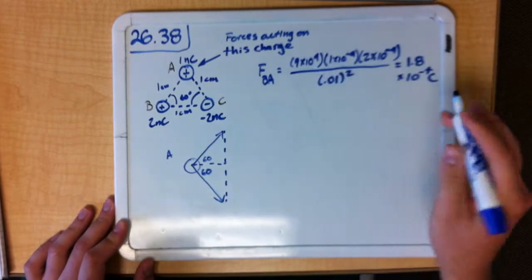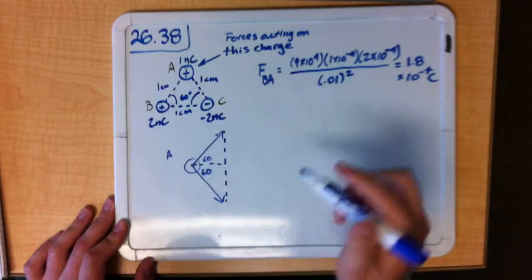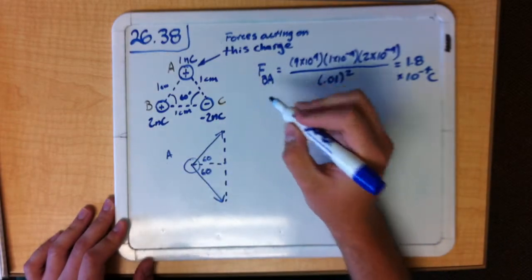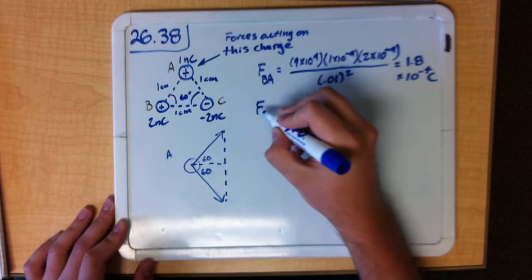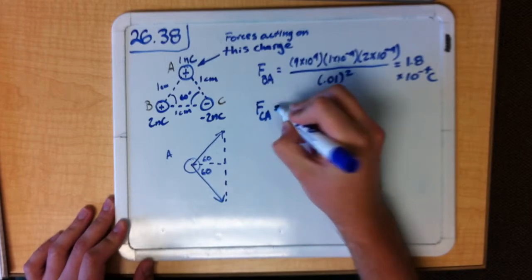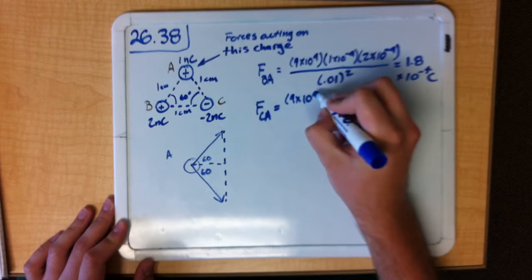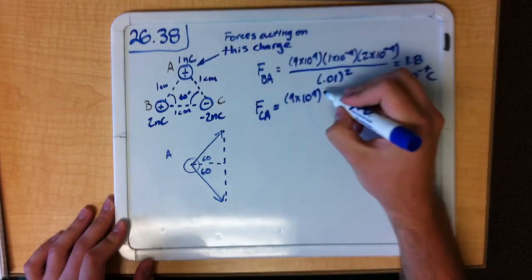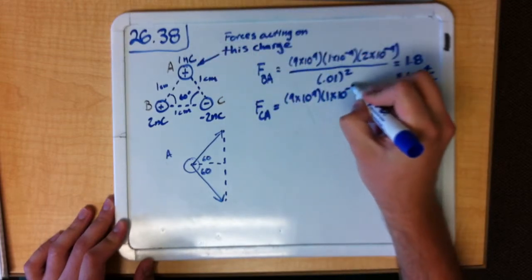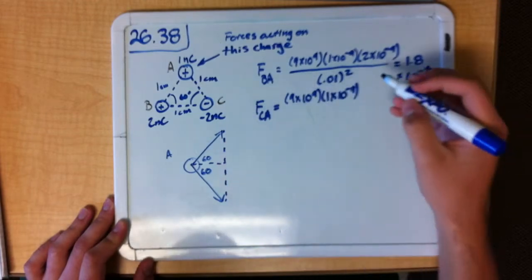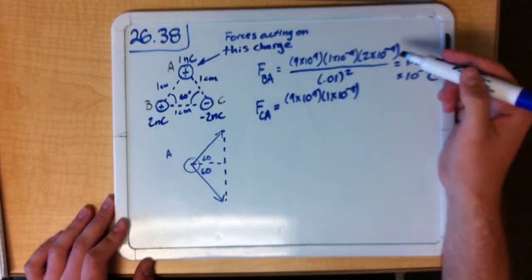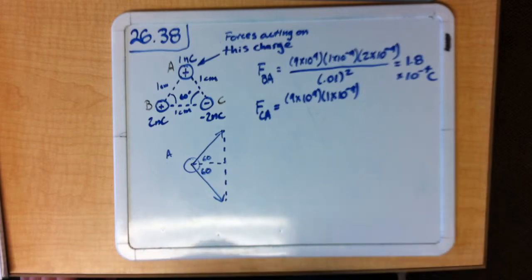And now that we have that, we're going to do the force from C to A. Using Coulomb's law again, we have 9 times 10 to the 9th times the first charge again, 1 times 10 to the negative 9th. And then again with the negative 2 nanocoulomb charge, which we're just going to assume is positive.